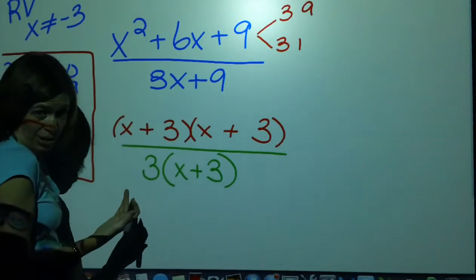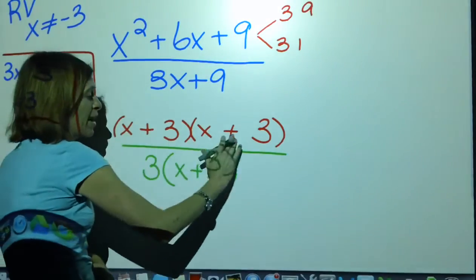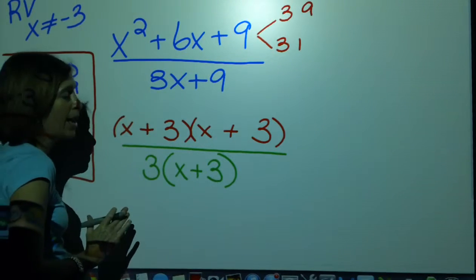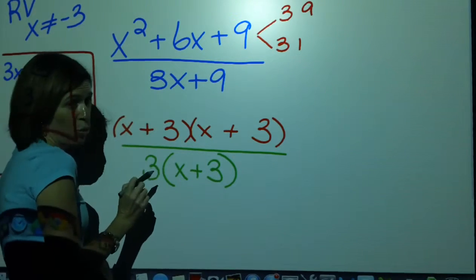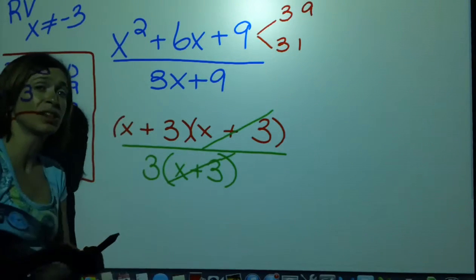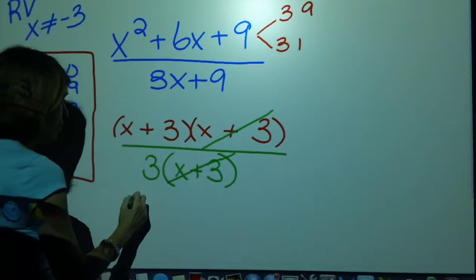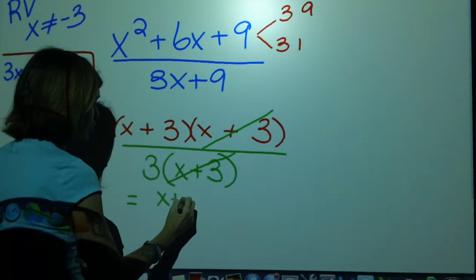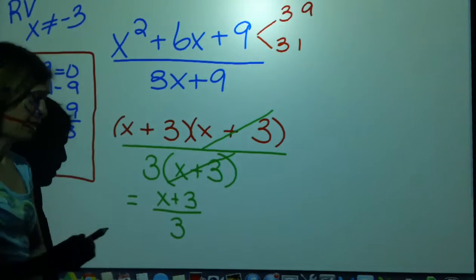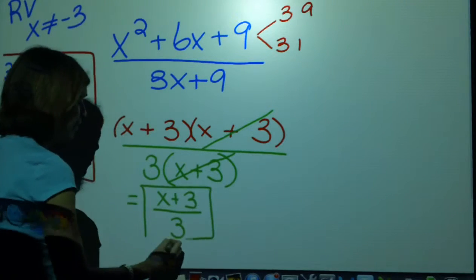Now in the numerator I have 2 x plus 3's, but in the denominator I only have 1, okay? All right, so I can only cancel one of them. So I'm going to cancel this with this. Those reduce to the number 1, and so I'd be left with x plus 3 all over 3, okay? And that would be my simplified expression.